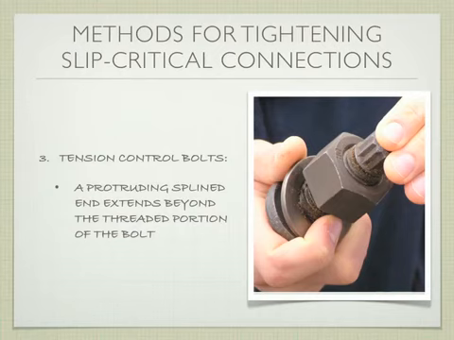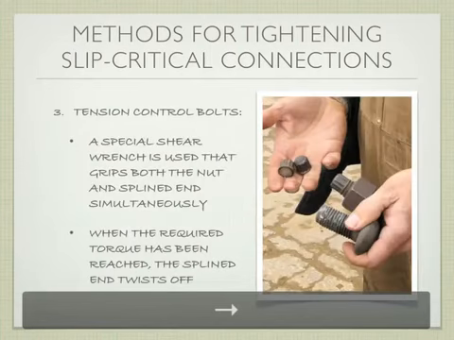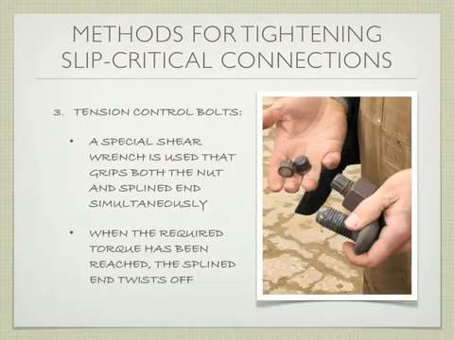What happens when you tighten this bolt is you attach one piece of your special wrench to the spline itself, and one piece of your wrench to the nut itself. As you tighten this, once it reaches its desired tension, this little splined end will snap off. It'll shear right off.